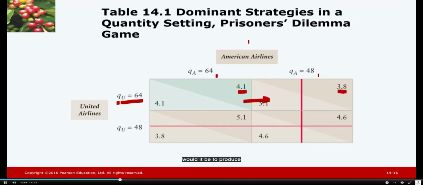Would it be to produce a high output and earn a profit of 4.1, or to produce a low output of 48 and earn a profit of 3.8? Well, we can see that 4.1 is higher.